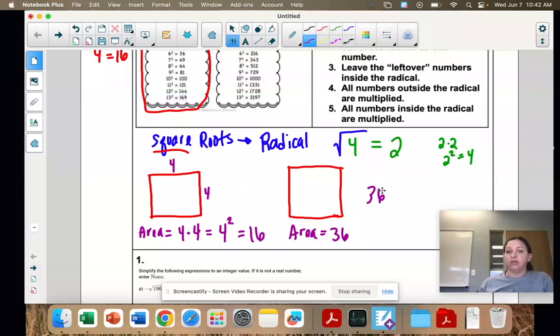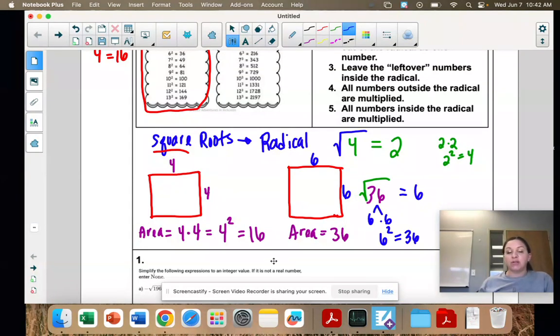Well, we do this thing called the square root. That's why we call it a square root. So the square root of 36 is equal to 6, because 6 times 6, or 6 squared, equals 36. So if the area of the square is 36, my side lengths are 6.